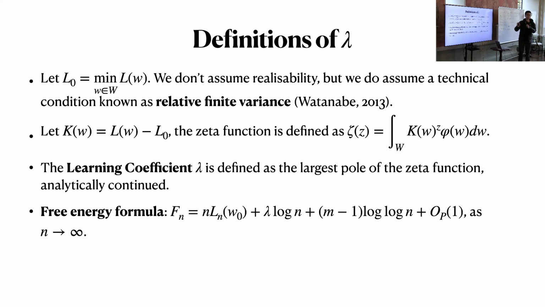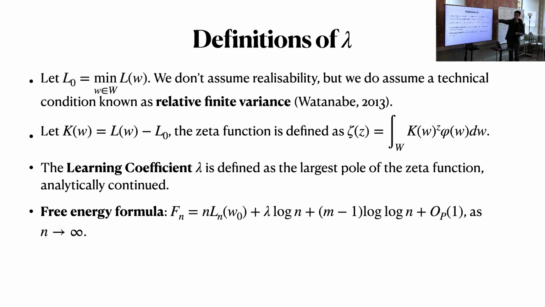There's another amazing fact, which is that not only is lambda a real value, not only do the poles lie on the negative real axis, it is actually a rational number. And that comes from Hironaka resolution of singularities.